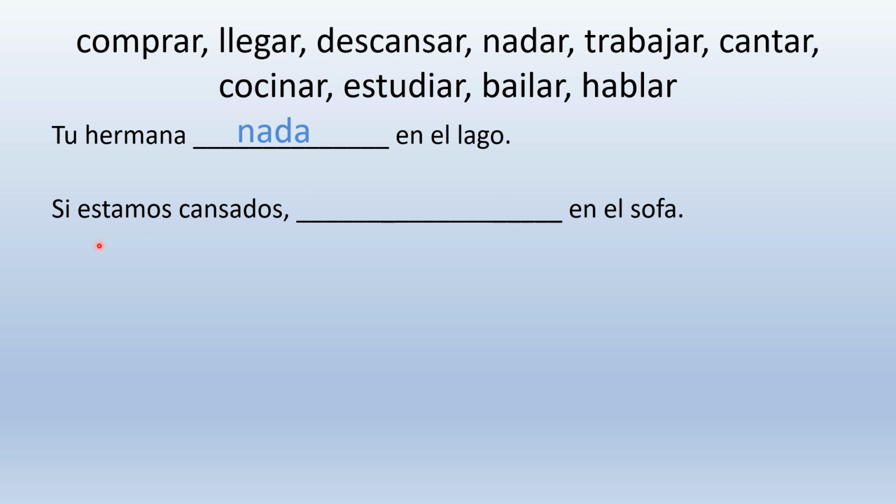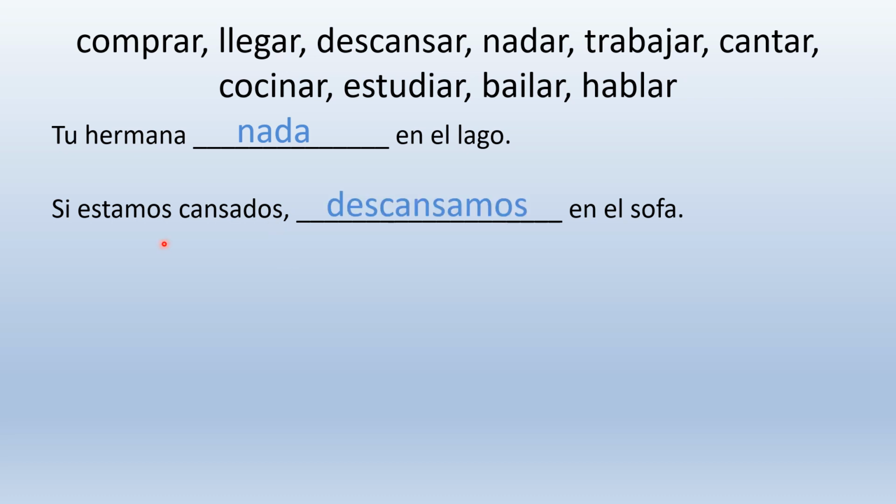Okay. So if we are tired, what verb would we use? Ooh. To rest. How do we say we rest? Well, we take off the AR and we add the ending amos for nosotros.